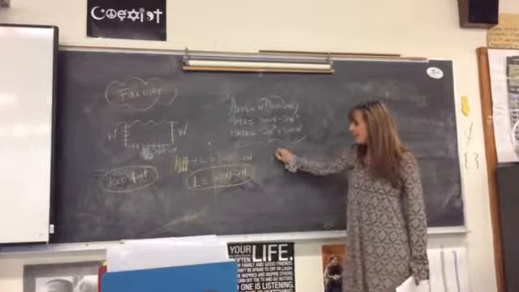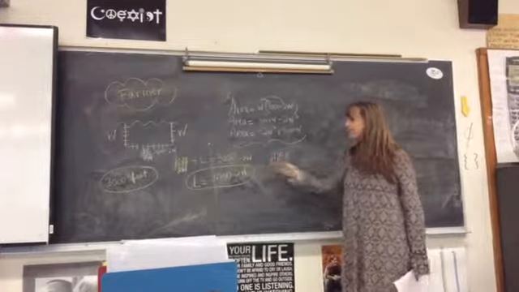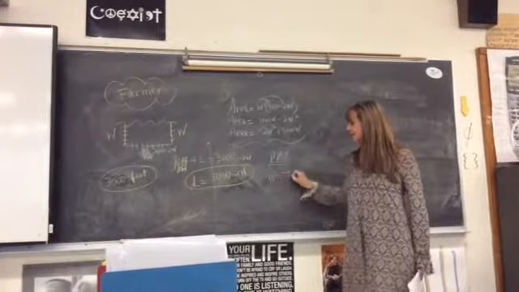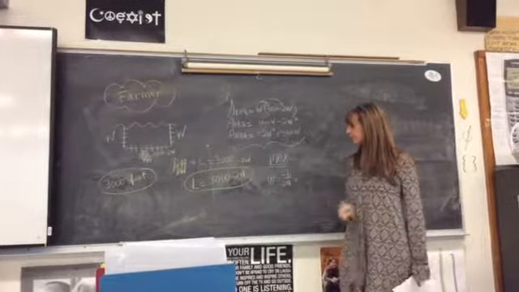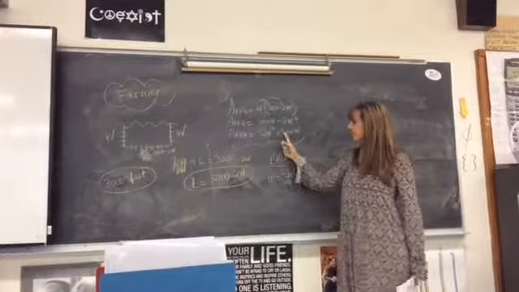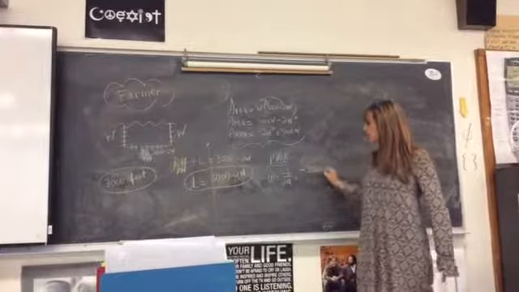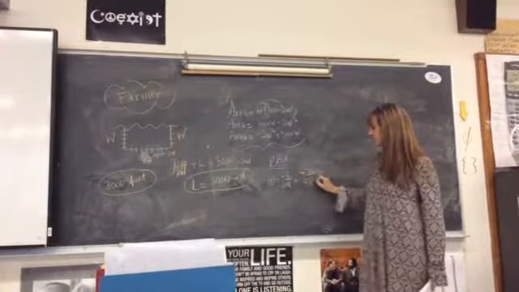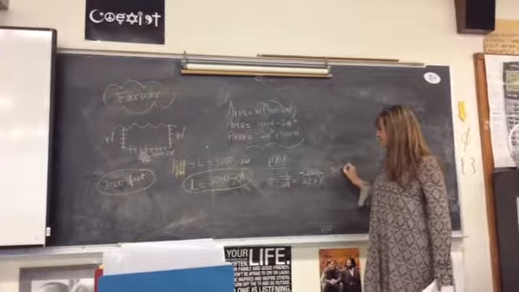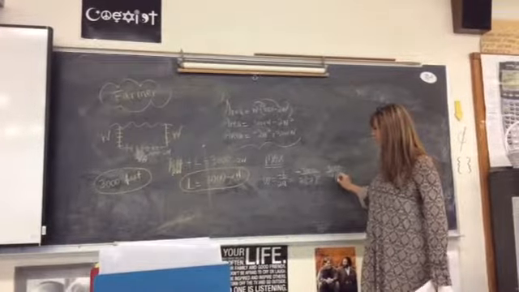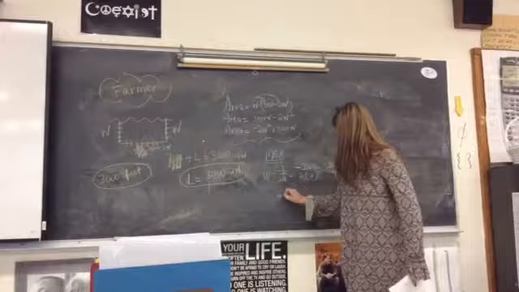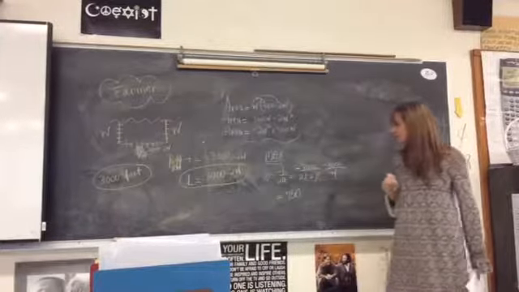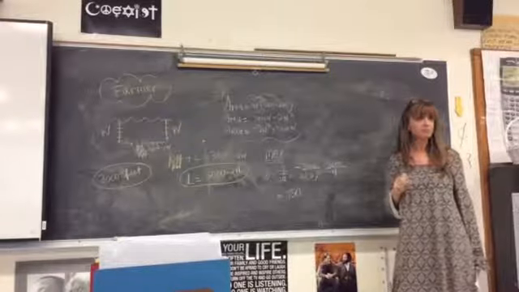To maximize anything, you're going to find the axis of symmetry. W equals minus B over 2A. Negative B, which is negative 3,000, over 2 times A, which is negative 2, gives me negative 3,000 over negative 4, which is equal to 750 for W.